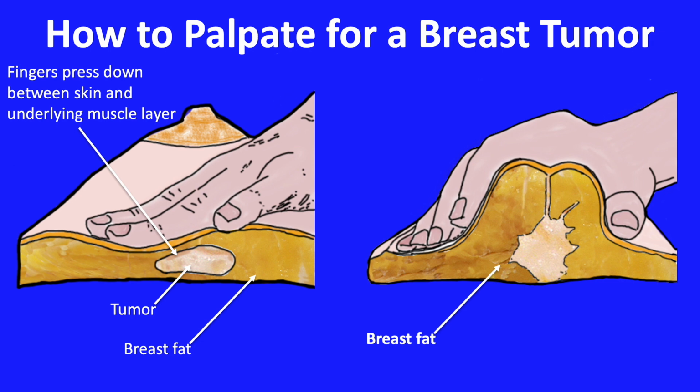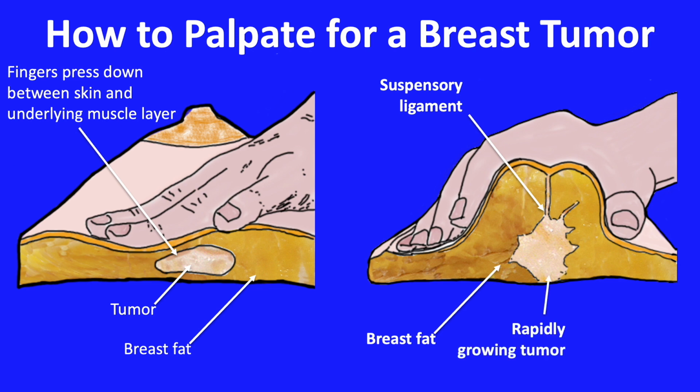Think back to breast tissue. If you recall, breast tissue is compartmentalized by the suspensory ligaments of Cooper. If the breast tumor is growing rapidly, the probability is that it has invaded one of these ligaments and shortened it.